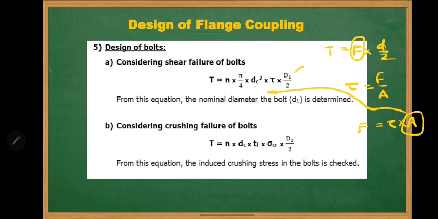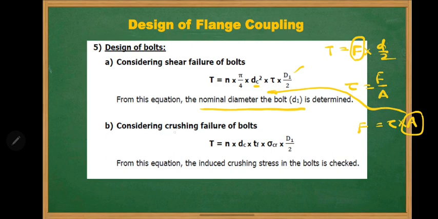Here the minimum diameter in case of bolts is the minor core diameter dc, and N is the number of bolts used. So the total equation becomes T is equal to N multiplied by pi by 4 dc square multiplied by tau multiplied by d1 by 2. From this equation the nominal diameter of the bolt d1 is determined.